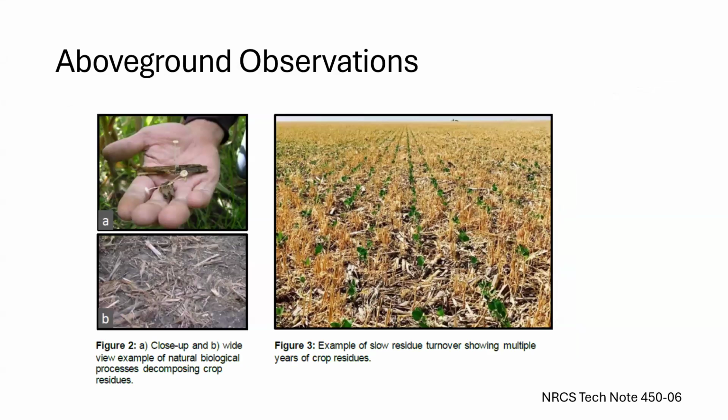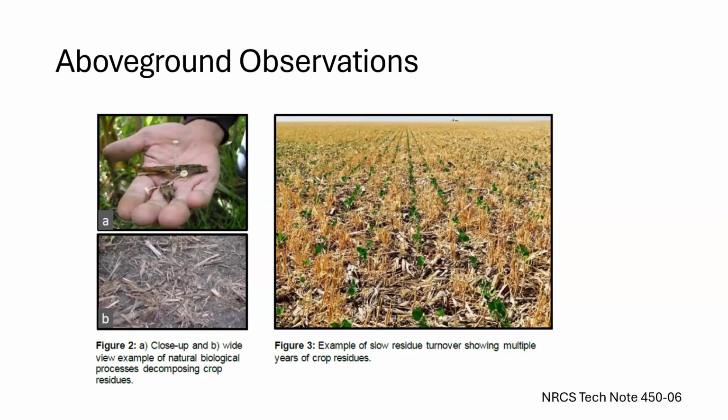Residue decomposition. Again, if you can see the corn stover out in a field, and that field hasn't been in corn for 3 or 4 years, there's a problem, right? That residue should be decomposing relatively quickly if it's a biologically active and healthy soil.